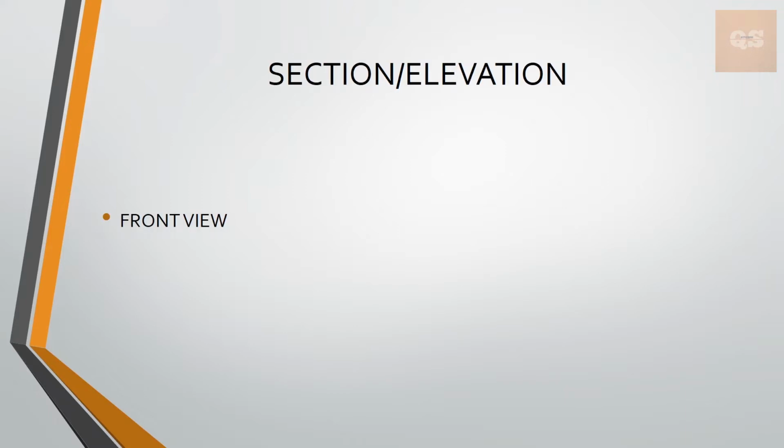Sections or elevations are the front view. Whatever you see from the point of view of the front side is called a section or elevation. Basically, vertical items cannot be properly shown in a plan or layout, because when you see in a top view, vertical structures or vertical quantities, vertical measurements cannot be measured using a plan layout.